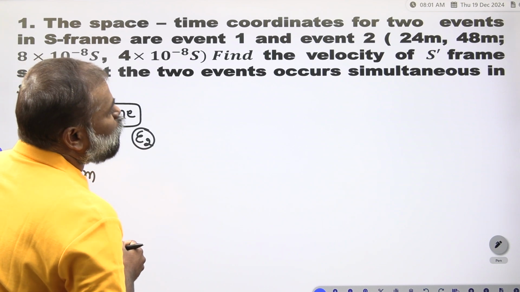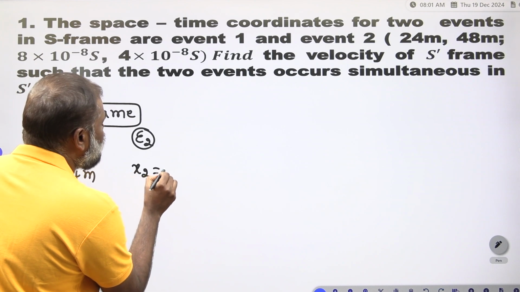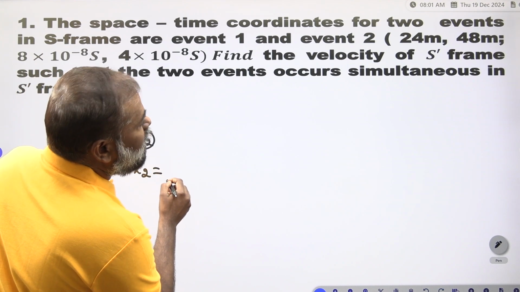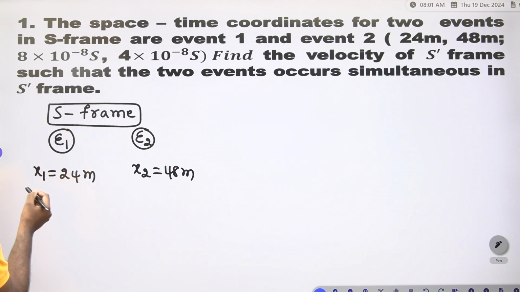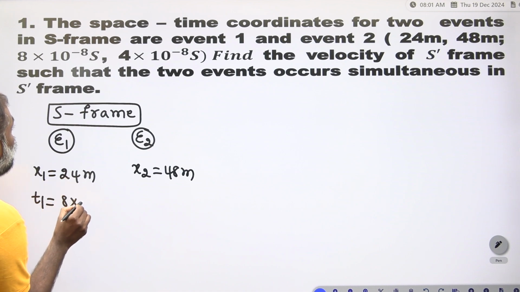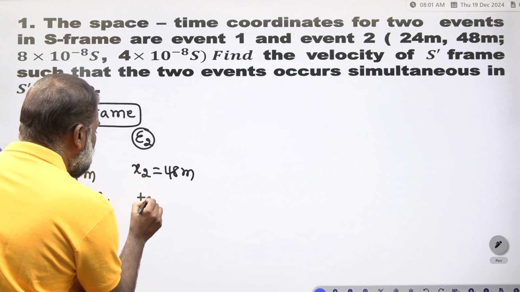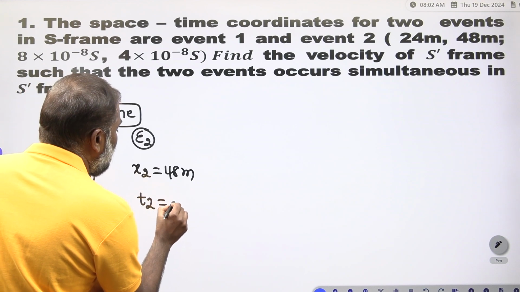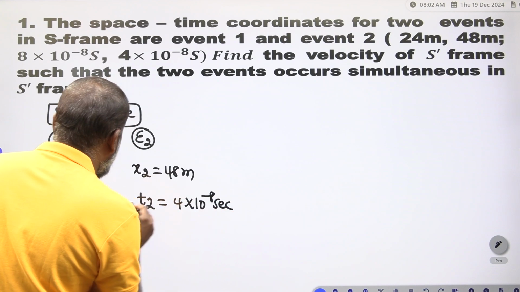Event 2: x2 is equal to 48 meters. T1 in the S frame is 8 into 10 to the power of minus 8 seconds, and T2 is 4 into 10 to the power of minus 8 seconds.